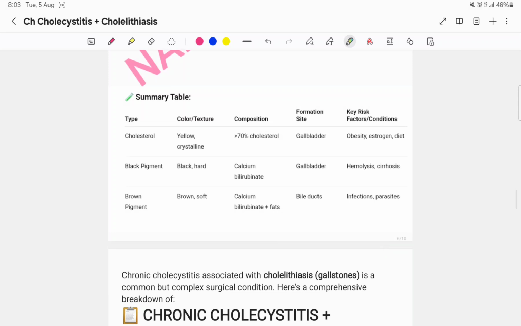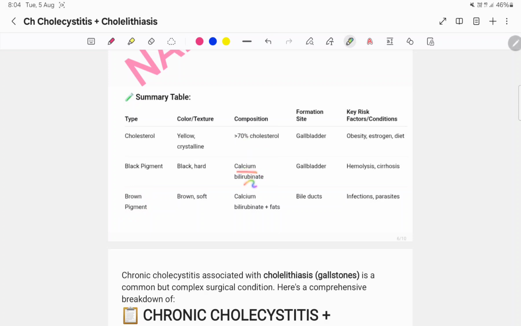Next, as we have promised, we are going to discuss the different types of gallstones. One is cholesterol stone and one is pigment stone. Pigment stone is again of two types: black pigment and brown pigment. Cholesterol stone is found in most cases, and it is composed of cholesterol.